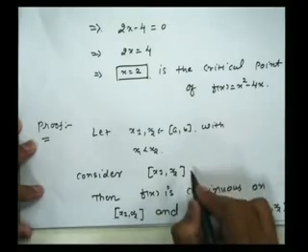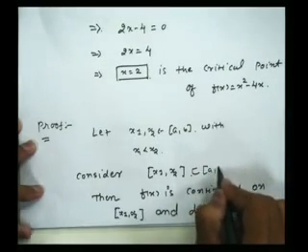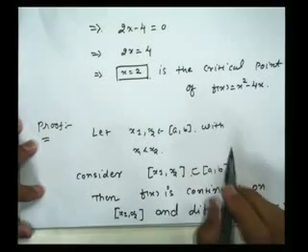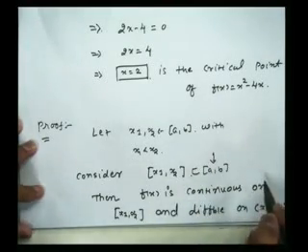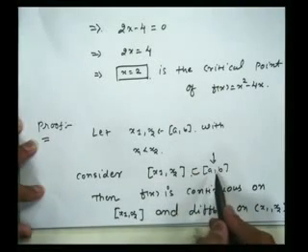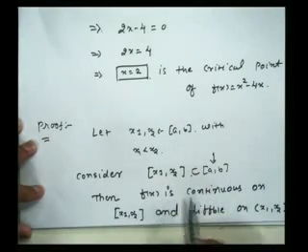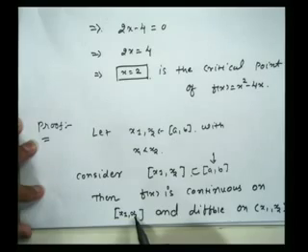Why? Because x1 to x2 is a subset of this interval ab, and it is given that f of x is continuous on closed interval ab and differentiable in open interval ab, and as x1 to x2 is a sub interval of this interval, it follows that f of x is continuous on closed interval x1 to x2 and differentiable on open interval x1 to x2.